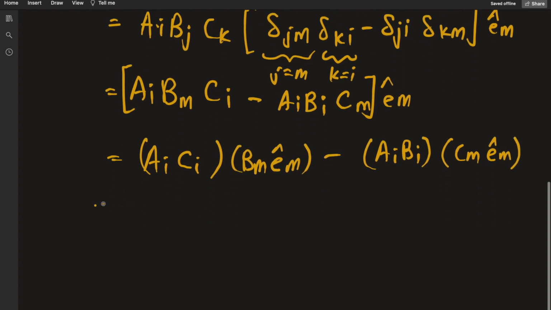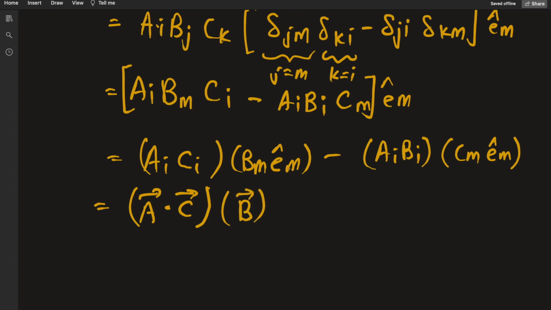And notice what a sub i, c sub i is. It is basically the dot product of a with c, but multiplied with the vector b, because you notice the independent index on b. It's b in its complete expansion with an independent index m.